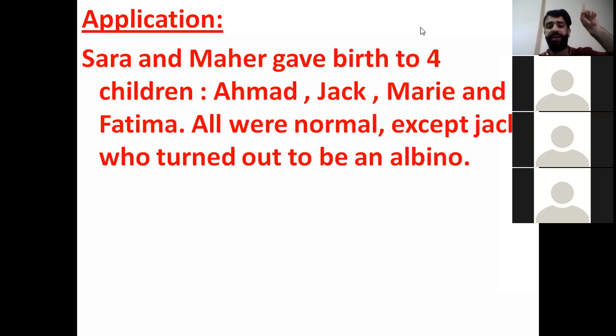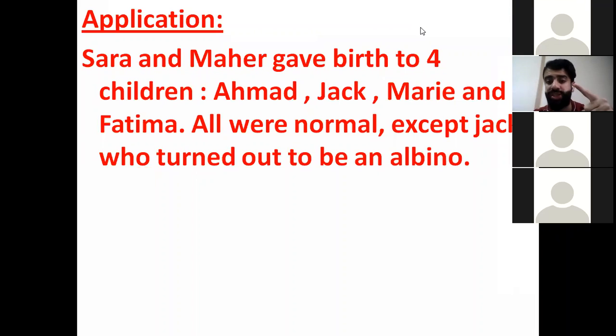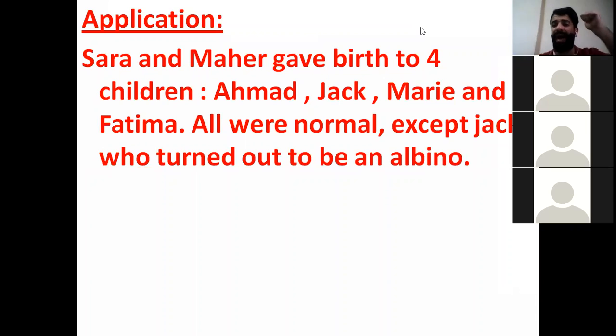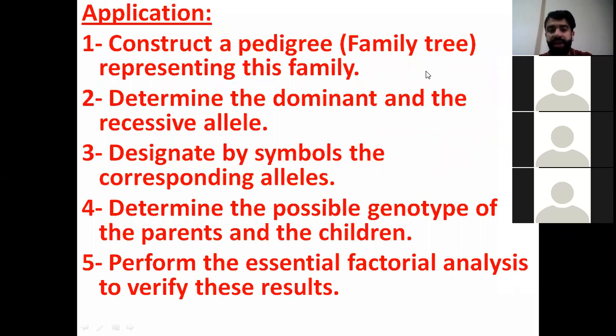So Sarah and Maher are normal, but they gave birth to an affected individual, which is Jack. So Jack is an albino. So the allele for albinism was masked in the parents. So it's recessive with respect to the normal dominant allele. So here, normal is dominant, and the albinism allele is recessive.